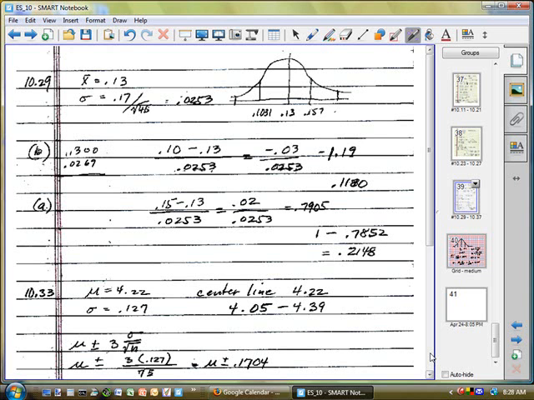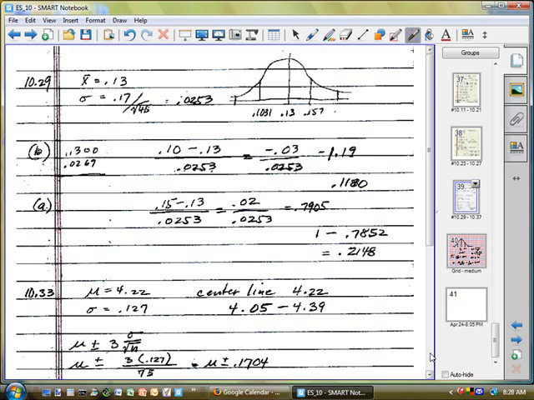Something goofed up here. What am I doing? Exceed 15%. That means 85% would be below it, right? 85% below. Why am I not getting that answer?